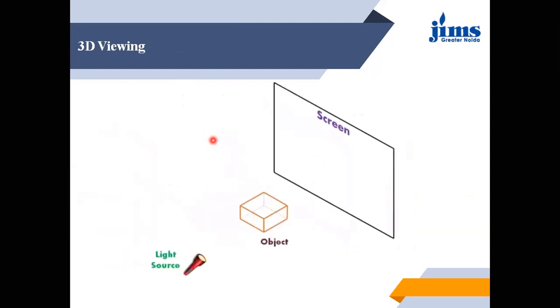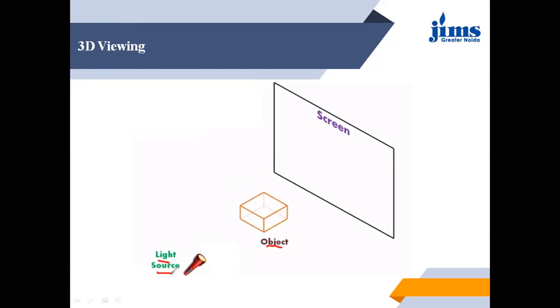Let me try to tell you by a real example what happens when we want to see a 3D object and what the projection is. This is an object, and this is a light source. A light source means from where we have to see.